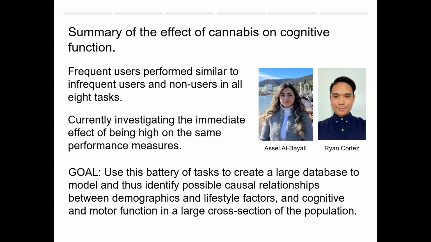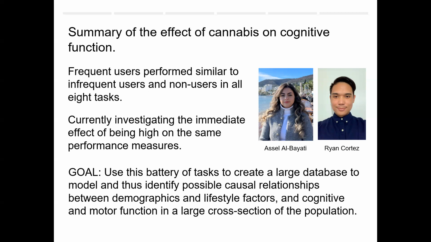We don't supply the cannabis, so it's their own supply. They get high in front of one of my research assistants or my 2 master's students who are in charge of this project. Once they're sufficiently high, we ask them to start the battery, which the researchers don't look at. They can perform it, but they're monitored just to make sure that everything is okay.